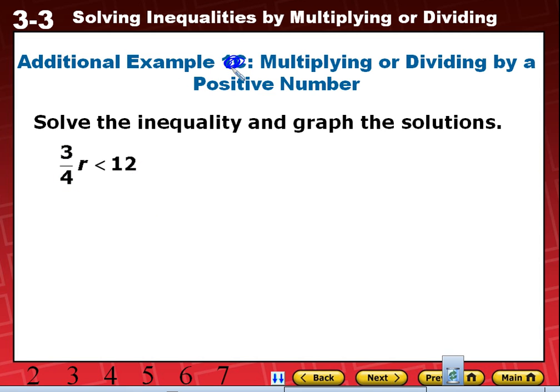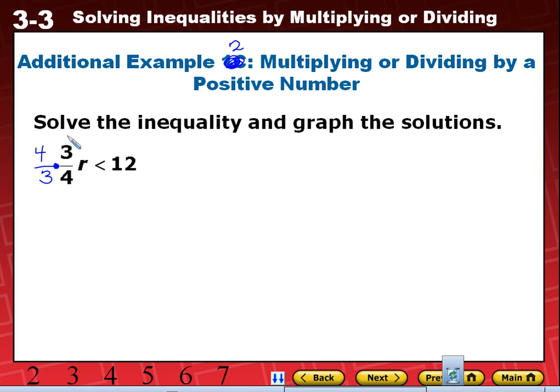Once again, example 2. Let me show you the shortcut. Instead of doing the full step, we know that at the end of it all, we're going to have to multiply times the reciprocal. So check this out. If I multiply times the reciprocal right here, what is 4 times 3? That's right, 12. And 3 times 4, 12.